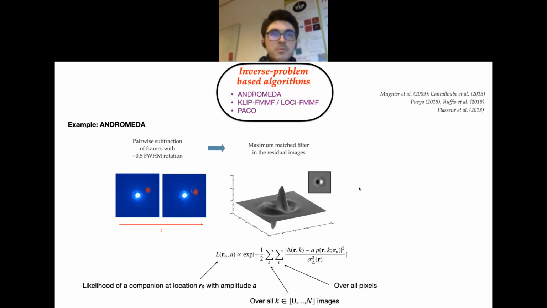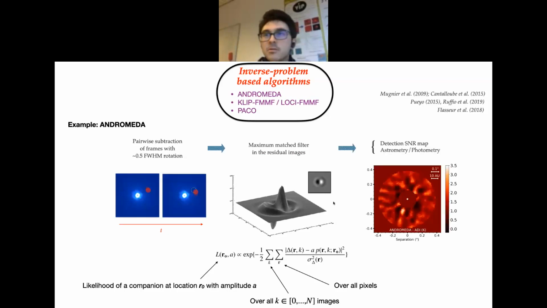With this pairwise subtraction, you expect most of the stellar halo to be subtracted, and any true companion would have a positive-negative signature as shown here. You can then calculate at each location in your field the likelihood for the presence of a companion with a given amplitude. You can look for the maximum likelihood to find the amplitudes, and you can get a detection signal-to-noise ratio map and the photometry of any putative companion at each location in your field.